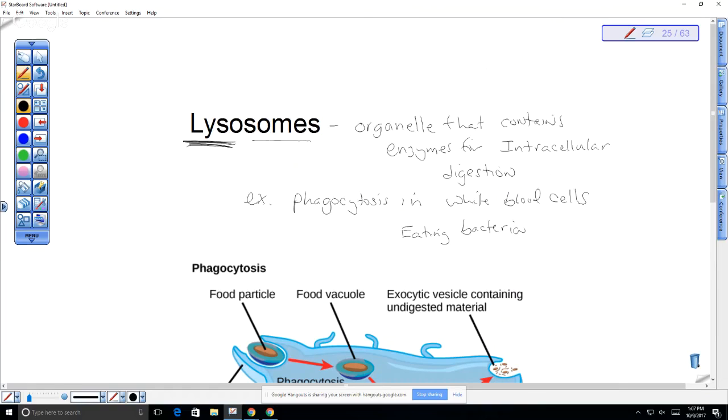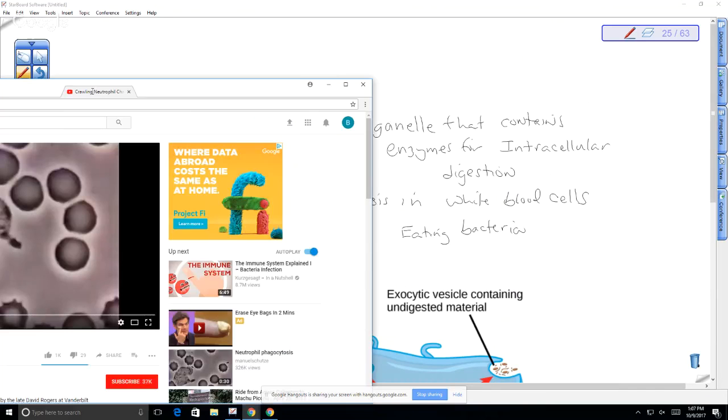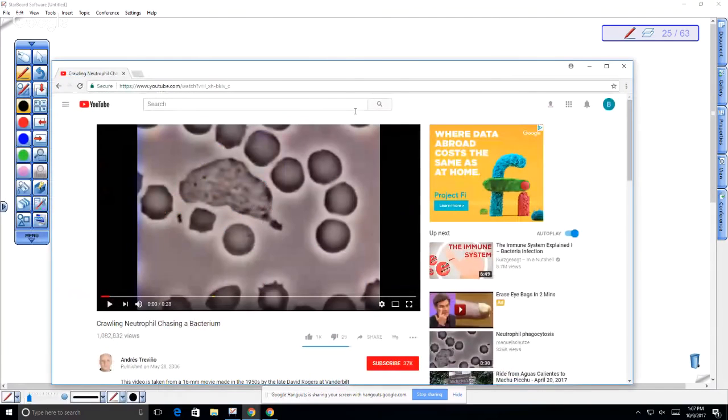So I have a live video showing a neutrophil, and this is a real short video. The neutrophil is hunting down a bacteria. In this image, this is the white blood cell. These are the red blood cells. This is the bacteria.